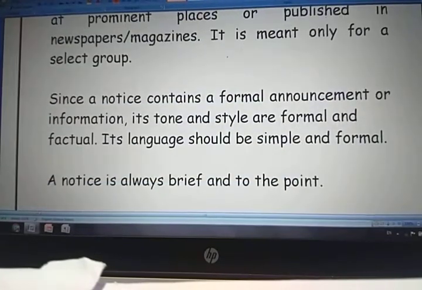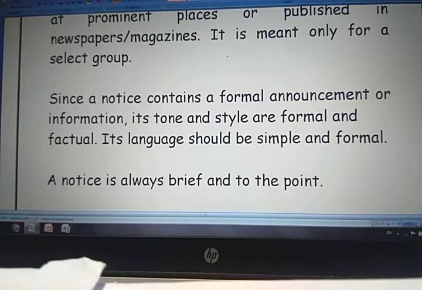Since a notice contains a formal announcement, now let us check what language we need to write in the notice. Because it is a formal announcement or information, its style should be formal. You should write only facts.